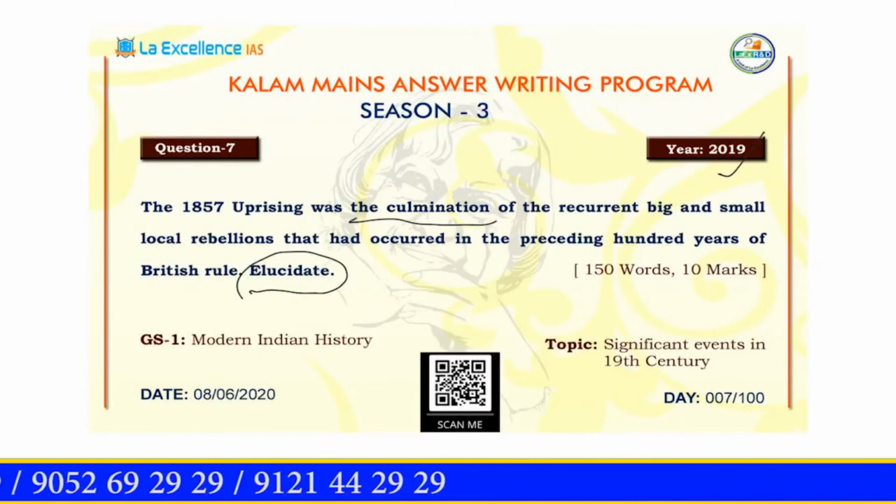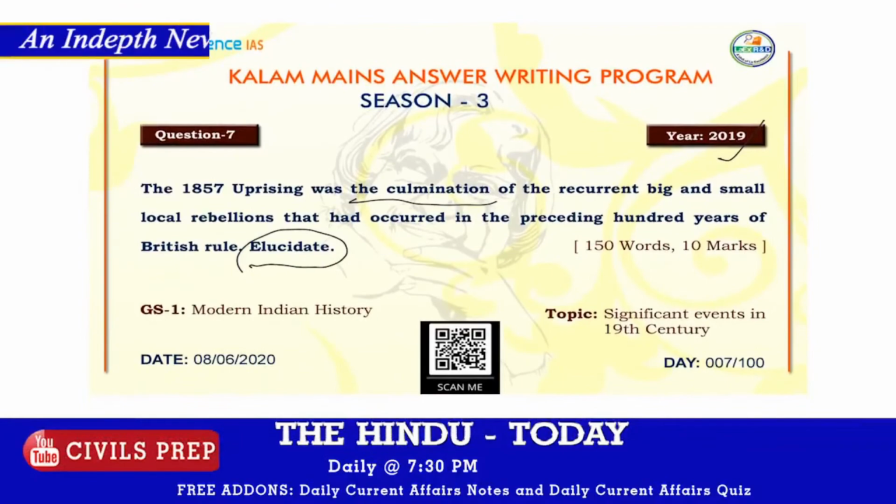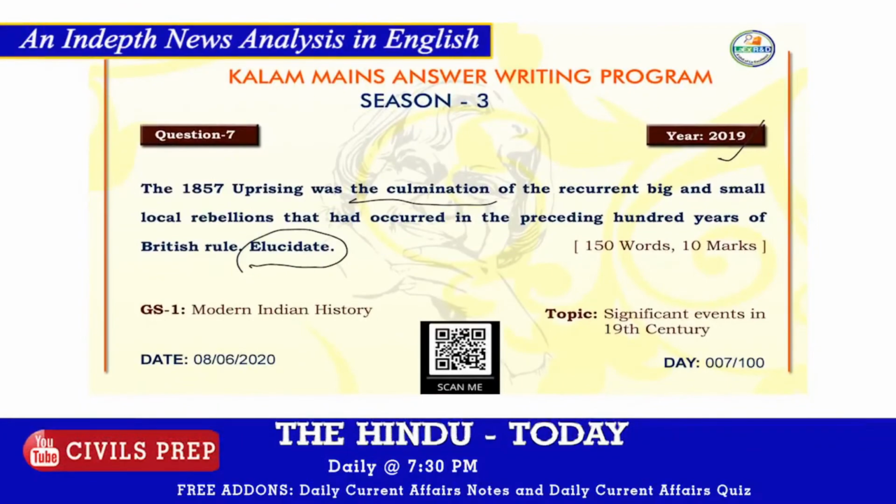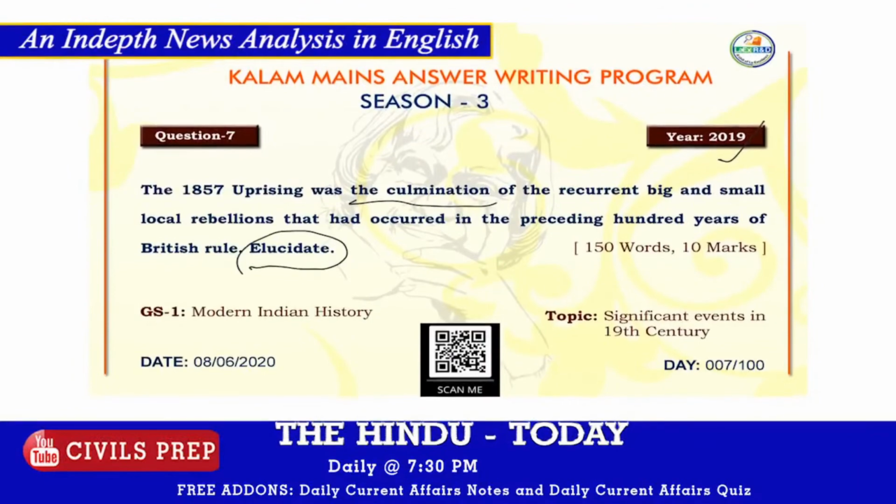The question clearly asks how the various local rebellions that happened prior to 1857 culminated in the 1857 uprising. So you have to establish the linkage between these rebellions and how they got related to the 1857 uprising.